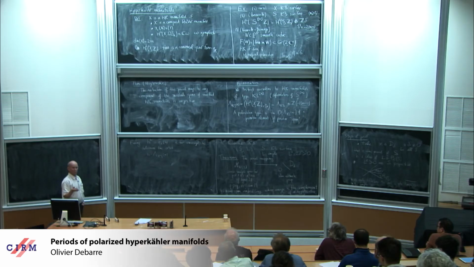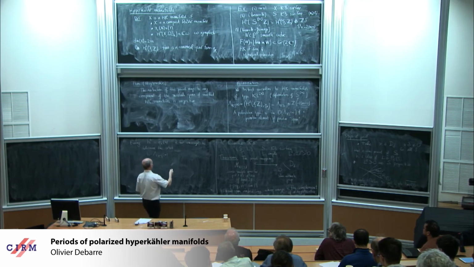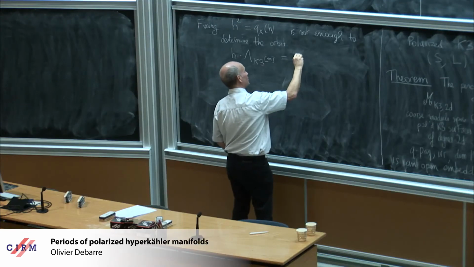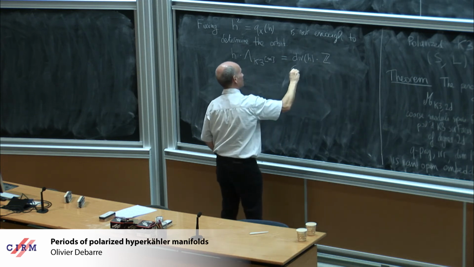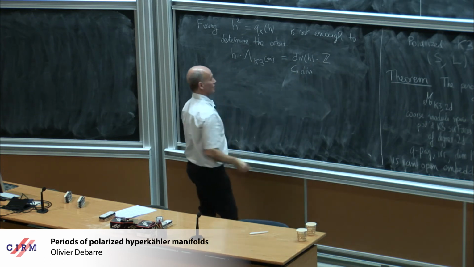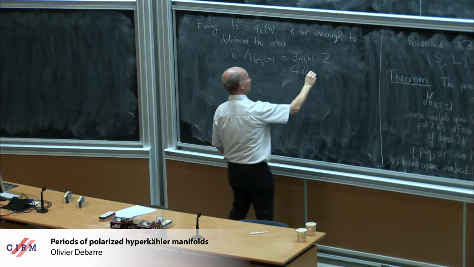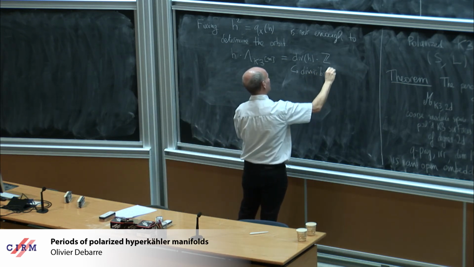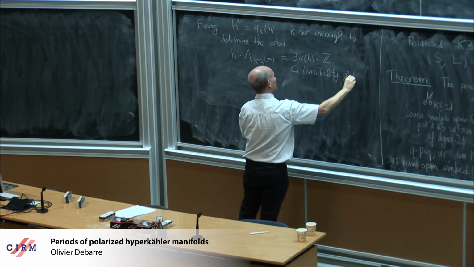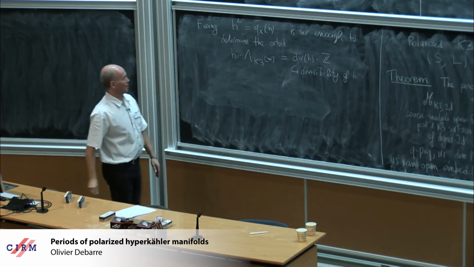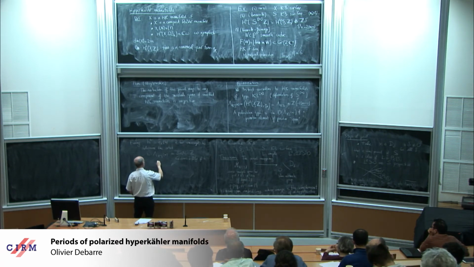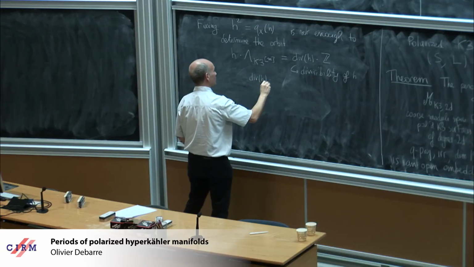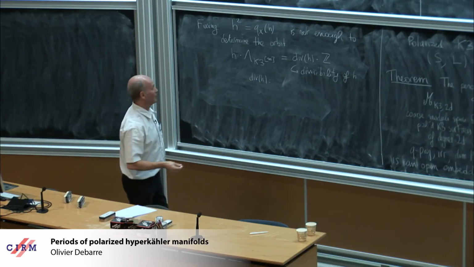Of course, it's a subgroup of Z, so it has a well-defined positive generator, which is called the divisibility of h. It's not difficult to see that this divisibility must divide the discriminant of the lattice, which is 2m minus 2.